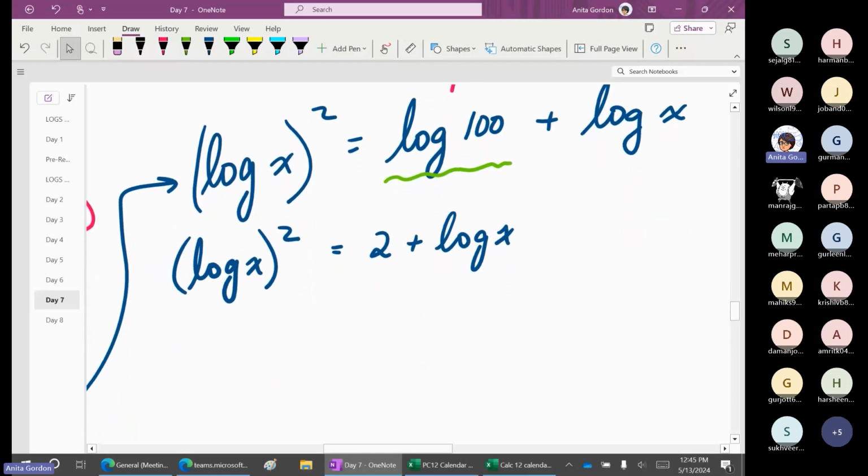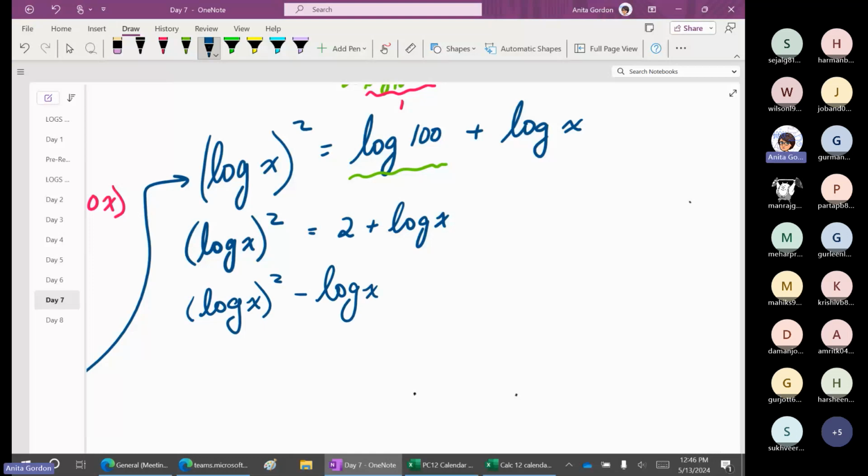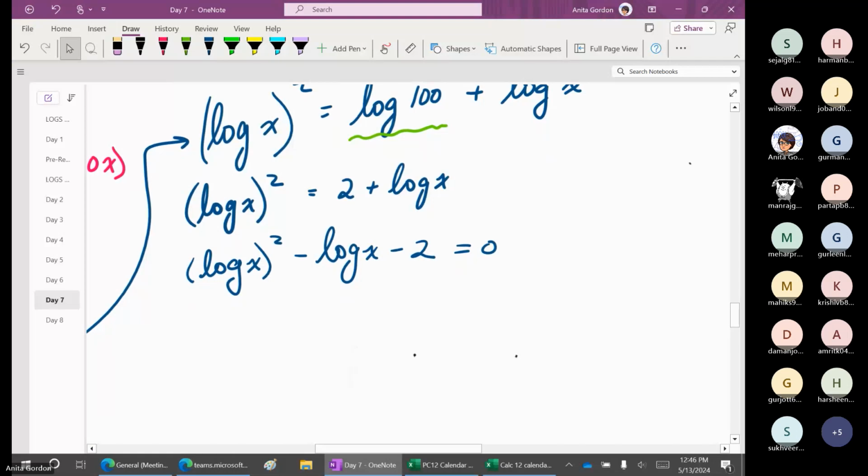Ooh, I kind of have a quadratic. Let's move this all over to the same side. (Log of x) squared minus log of x minus 2 equals 0. Okay, in our brains, let's rewrite it like this: a squared minus a minus 2 equals 0. The entire log is a quadratic here.